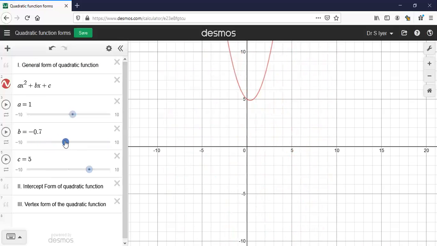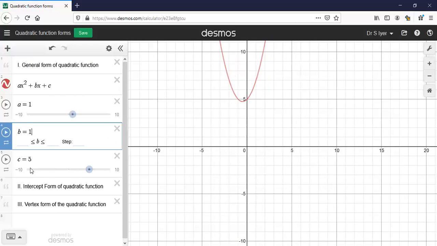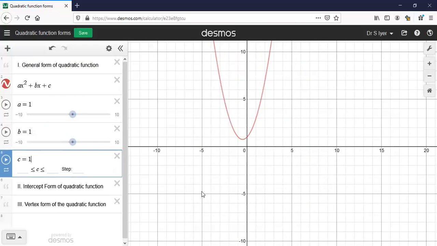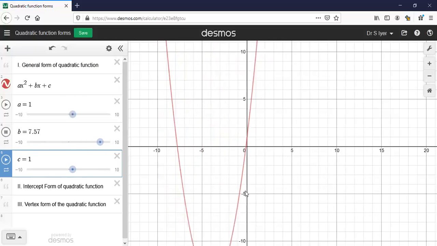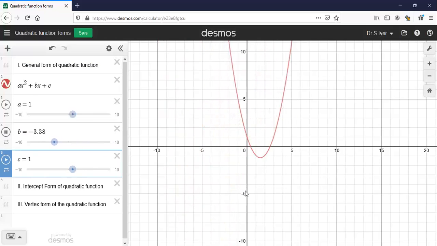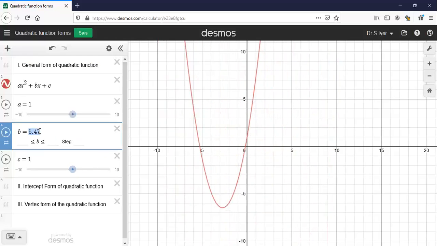So that is the effect of b. I'm going to put this back at 1, 1, and 1, the original values that I started with, right? So as I increase and decrease the value of b, you'll notice that the parabola is essentially shifting to the right or to the left. I'm going to leave this back at the value b is equal to 1.